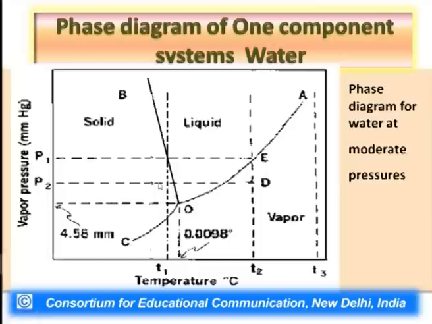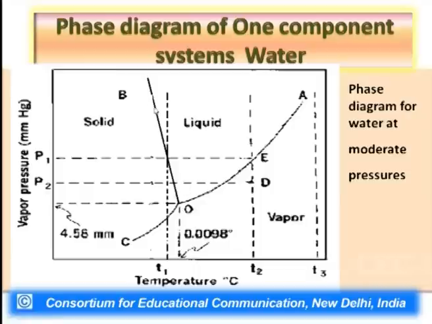So therefore, the solid region represents one phase equilibria points, the liquid region is another one phase equilibria region, and the vapor phase also represents a region where a number of points lie which represent one phase equilibria, that is, vapor phase, and all these lines or curves represent two phase equilibria.